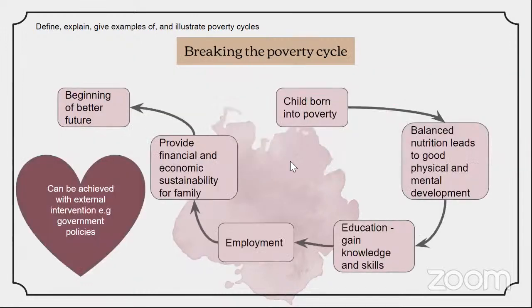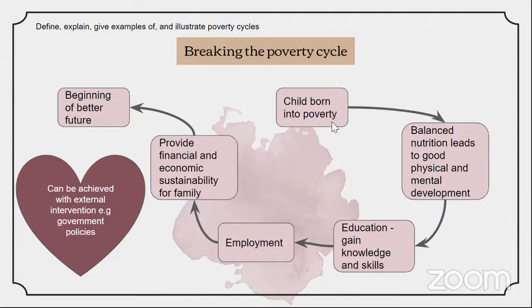Anything else? If not, okay. So it is possible to break the poverty cycle. This is an example of one child who is born into poverty. We can see at the start, it says child born into poverty.